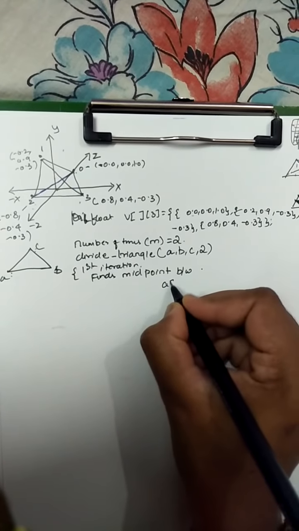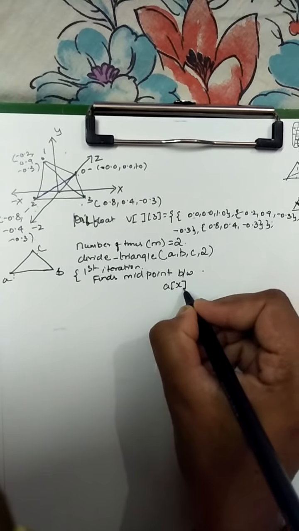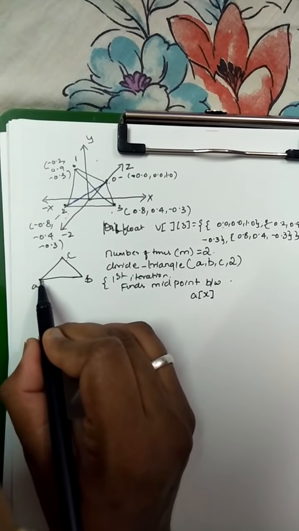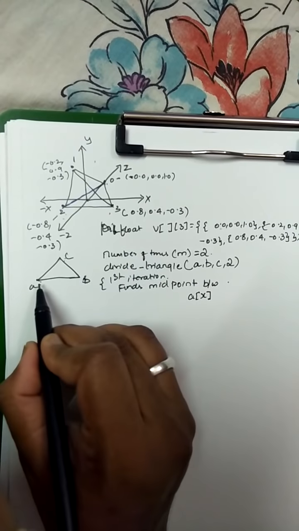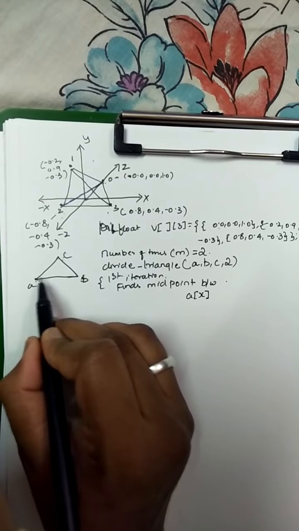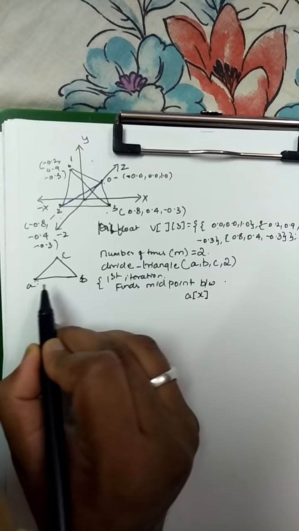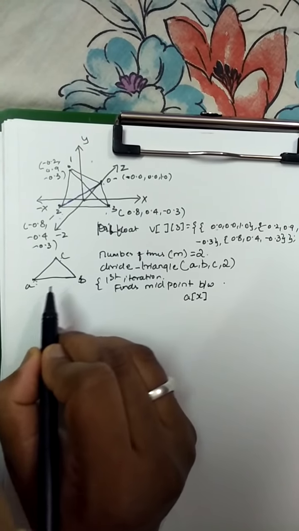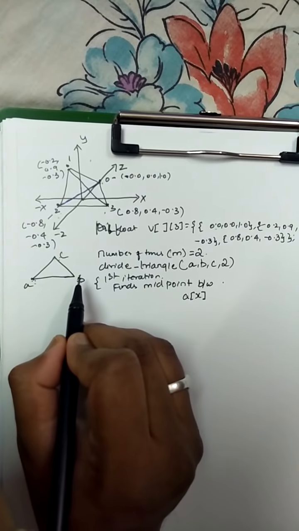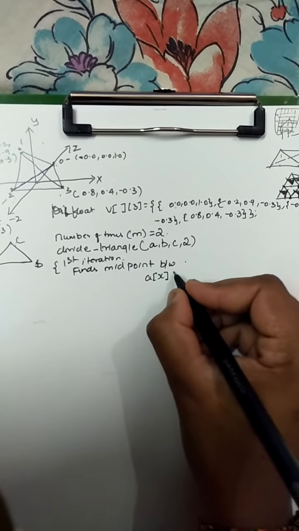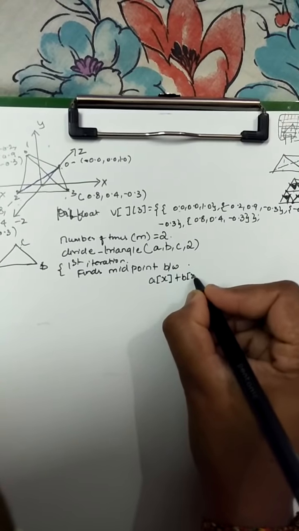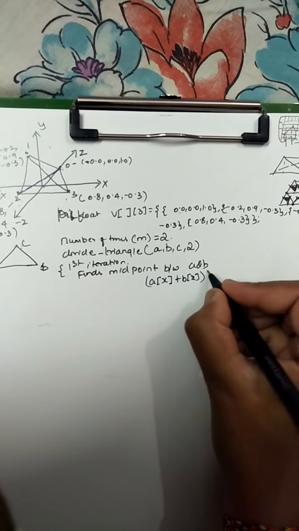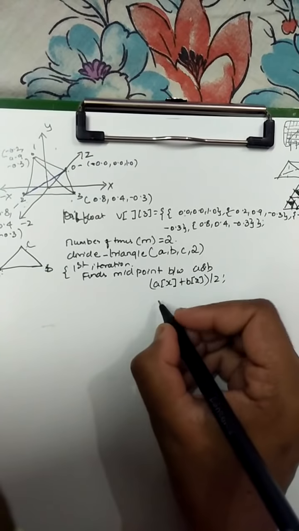So between A and B with respect to all coordinates means, if I want to find a midpoint between A and B, A's x coordinate and B's x coordinate, A's y coordinate and B's y coordinate, A's z coordinate and B's z coordinate are considered. So A of x and B of x, divided by 2. This is our equation, right, to get the midpoint.